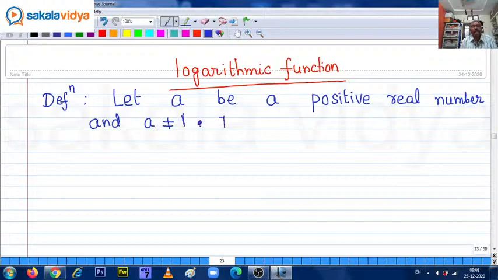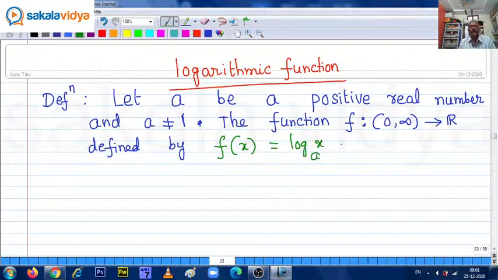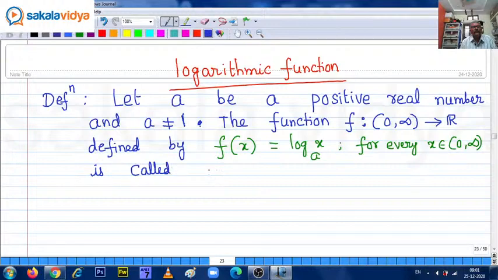The function f from 0 comma infinity to the real number system defined by f of x equals log x to the base a for every x belonging to 0 comma infinity is called a logarithmic function.